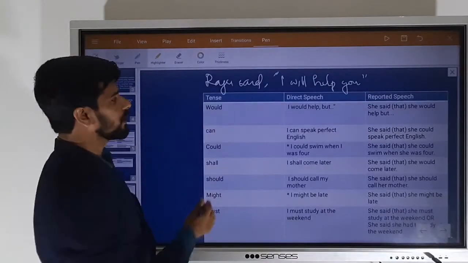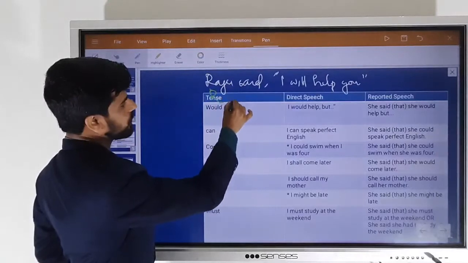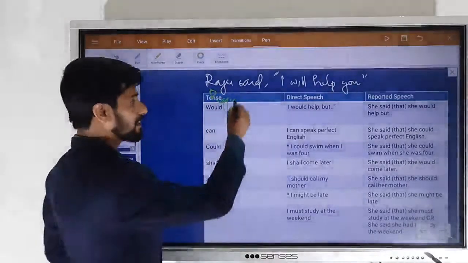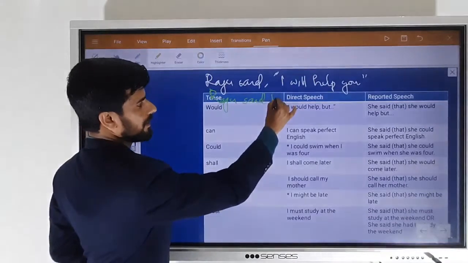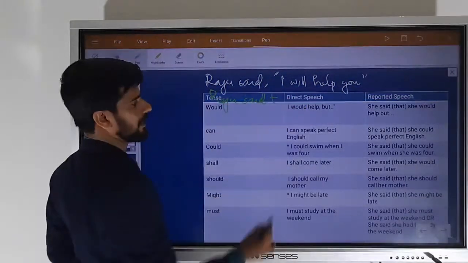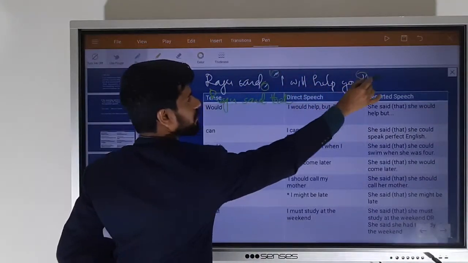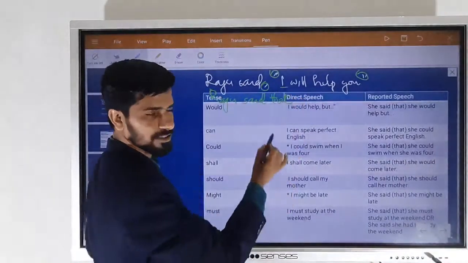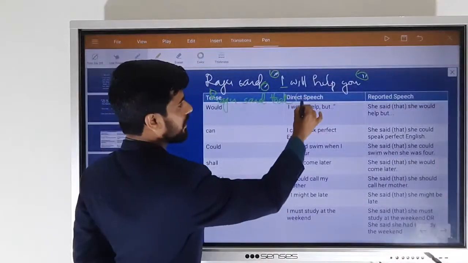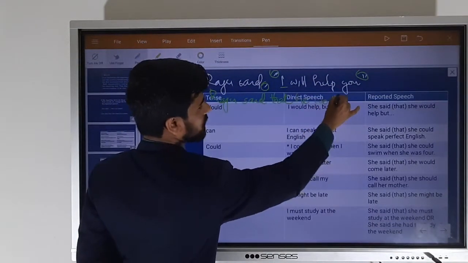Raju said that. So you removed this one, right? Instead of I, you can write he, and will becomes would.